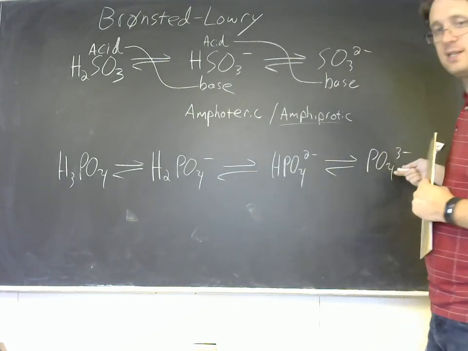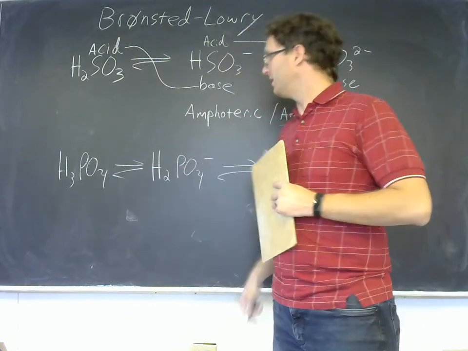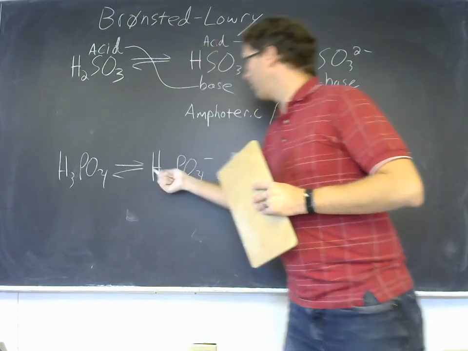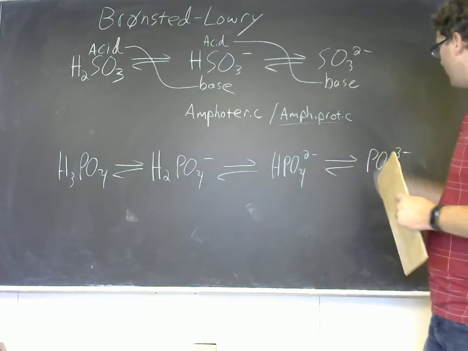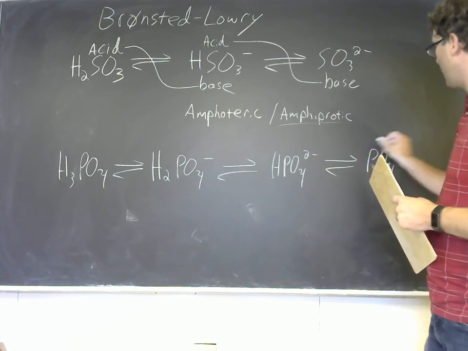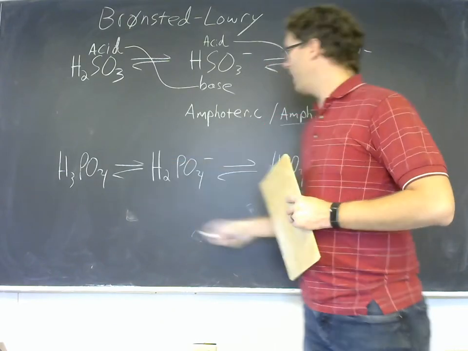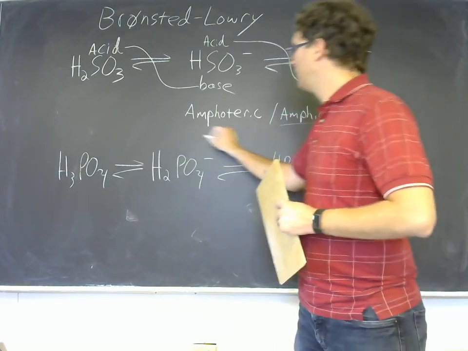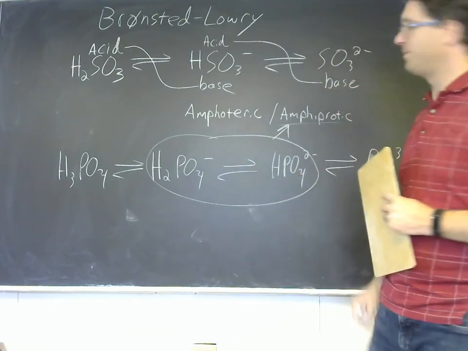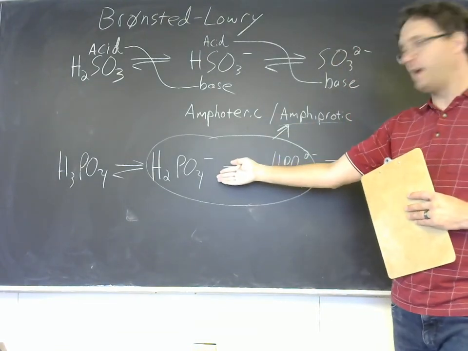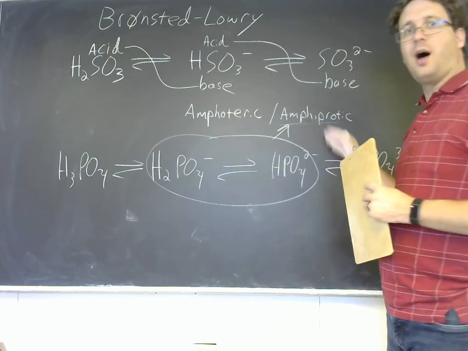So in this series, we have a triprotic acid that's able to donate 3 protons in series. And at the far end here, we have a tribasic base that's able to accept 3 protons. And in the middle, we've got some amphiprotic species. H2PO4 minus could go either way. HPO4 2 minus could go either way.